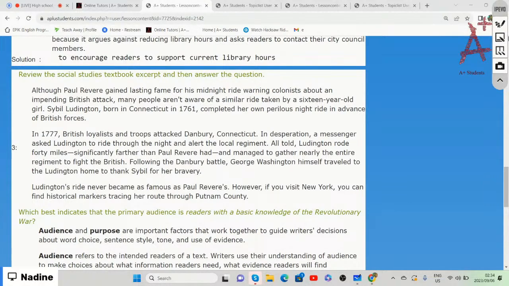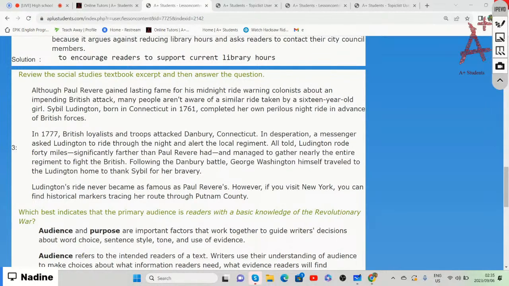In desperation, a messenger asked Ludington to ride through the night and alert the local regiment. All told, Ludington rode 40 miles, significantly further than Paul Revere had, and managed to gather nearly the entire regiment to fight the British.